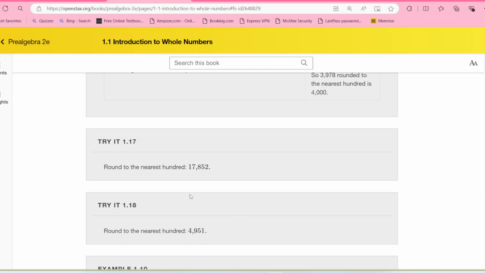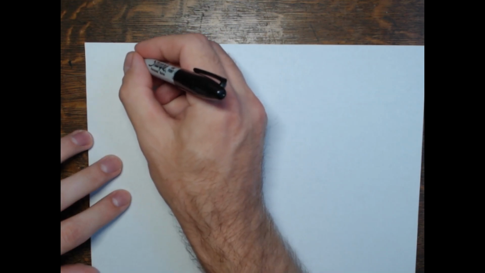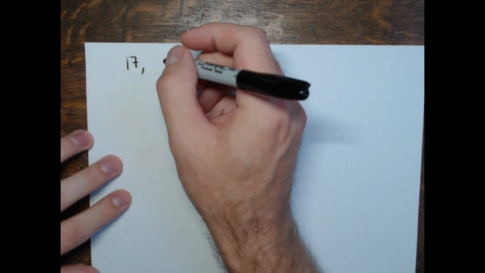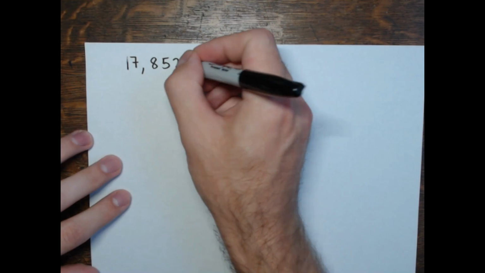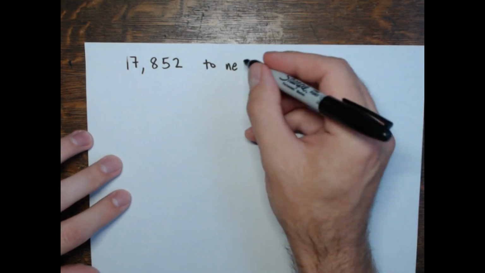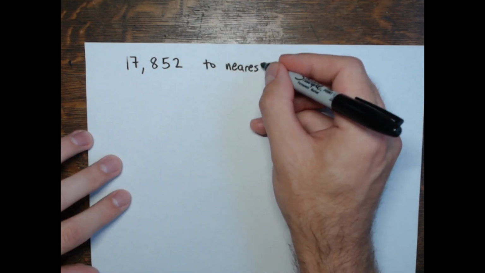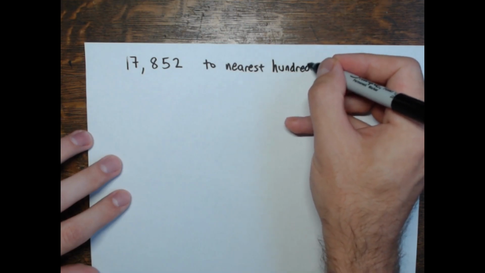Once again, we're asked to round to the nearest 100. All right, so this number, 17,852. Again, I know I didn't write the word round, but when they say, to the nearest 100, hopefully you understand what they're talking about.